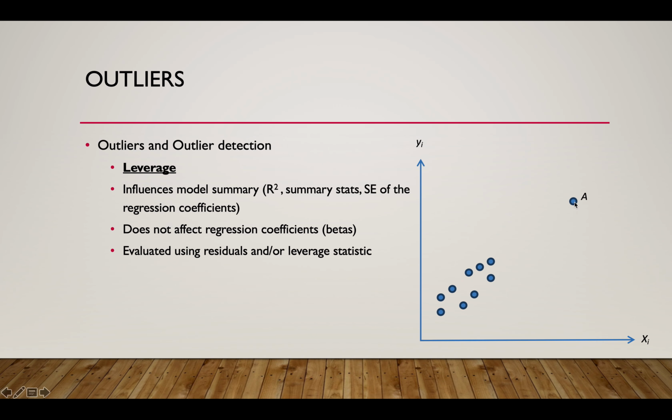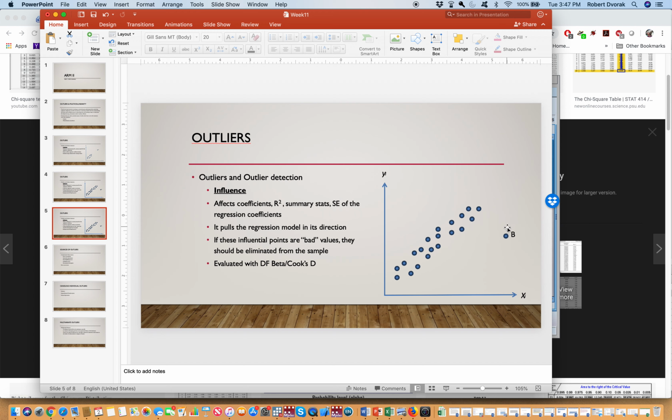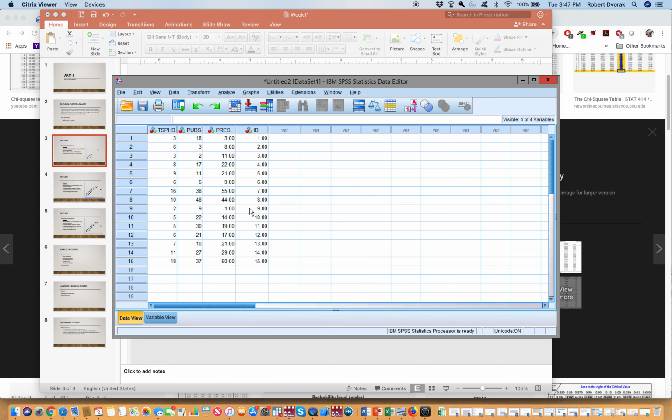So we are going to hop away here for a second. There we go. All right, we're going to come back. We're going to talk about leverage, but let's have a look at some data here.